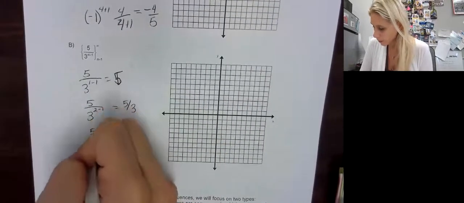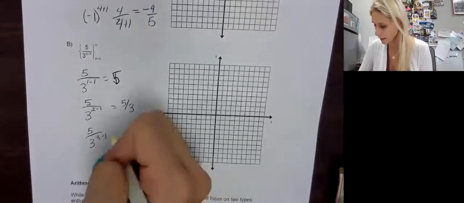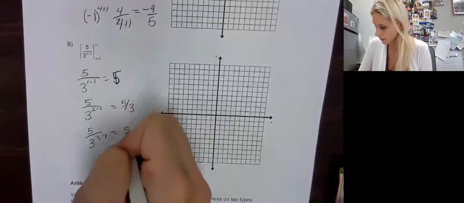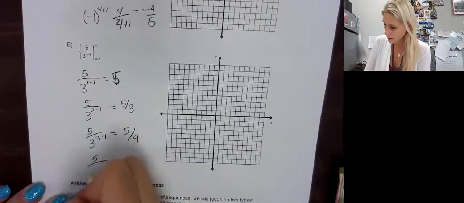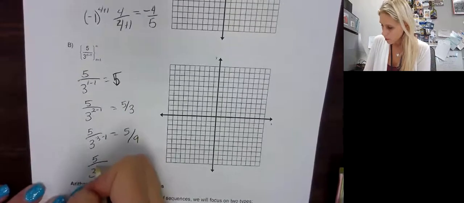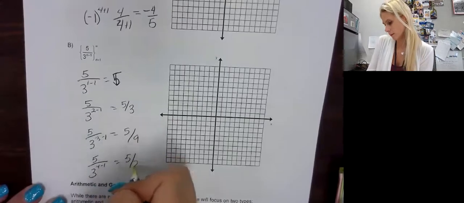And 5 over 3 third minus 1, that gives us 5 over 9. And our last one, 4 minus 1, that's 5 over 27.